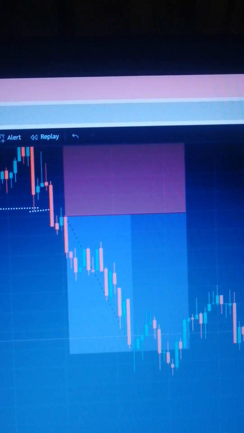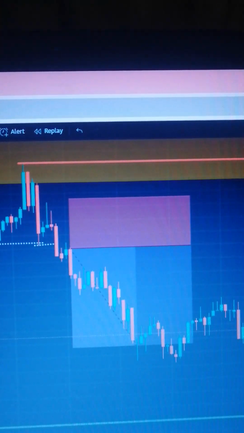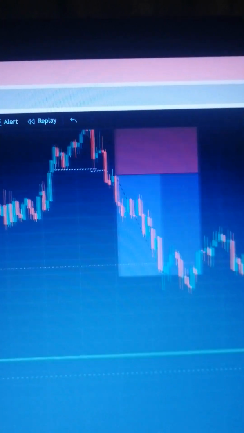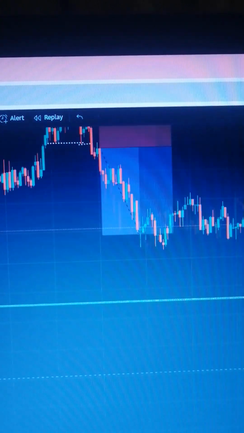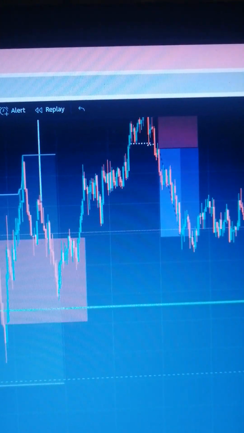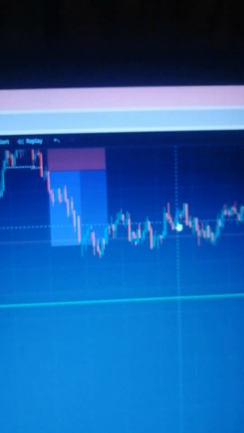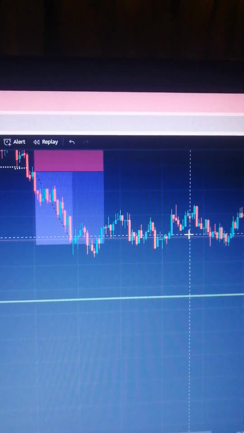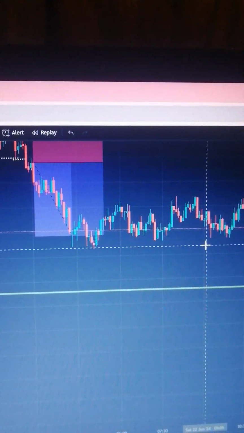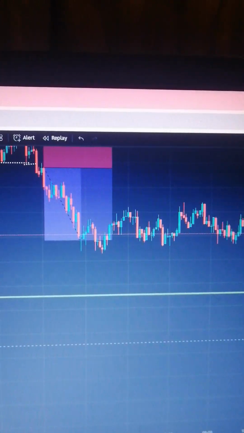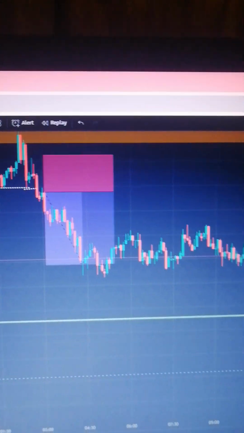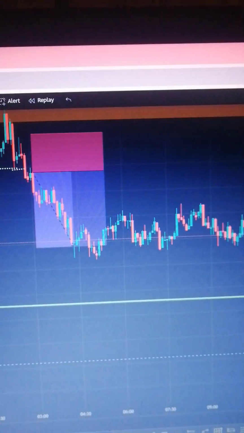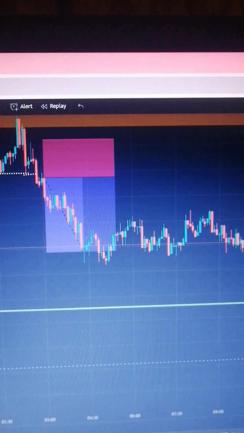If you risk 10% of your account, you would have made 20%. If you risk like in a $1,000 account, if you have risked 10%, which is $100, you'll have made $200.